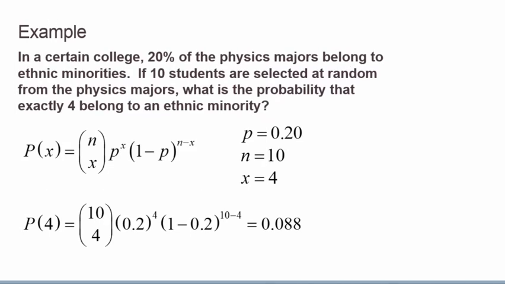So the probability of exactly 4 belonging to the ethnic minority is 0.088.